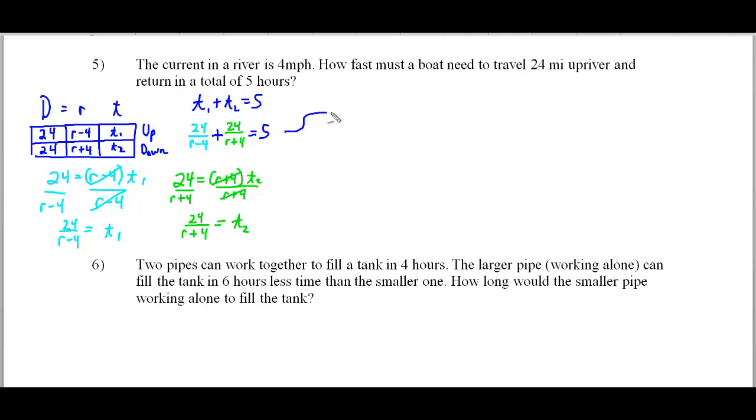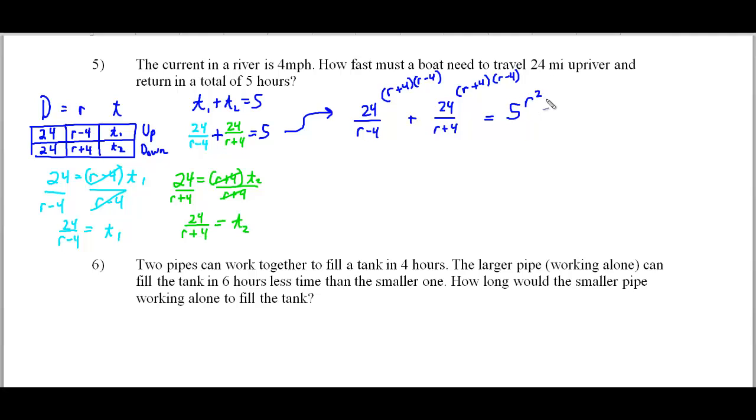Let's rewrite this entire expression, giving ourselves a little bit of space, because here we have 24 over R minus 4 plus 24 over R plus 4 is equal to 5. Now let's look at what the common denominator would be. The common denominator is going to be R plus 4 times R minus 4, and some of you are noticing that R plus 4 times R minus 4 is a difference of squares. What this is going to do is clear my denominator, and over here I'm just going to FOIL this quickly.